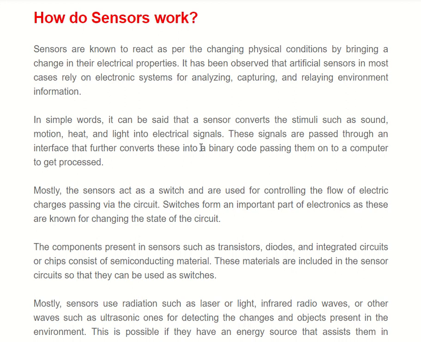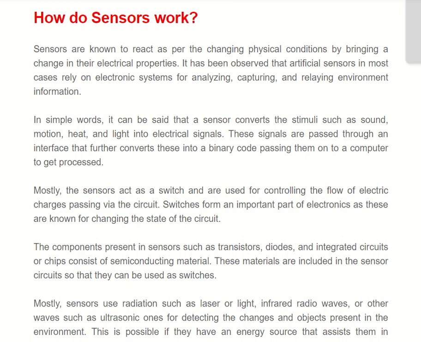Or in other words, we can also say that a sensor is something that converts stimuli such as sound or motion or heat and even light into different electrical signals, and then these signals are passed through an interface that further converts these into binary code, passing them onto a computer to get processed.